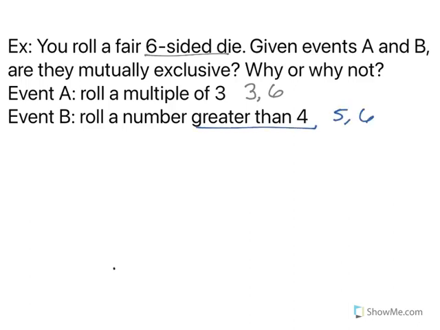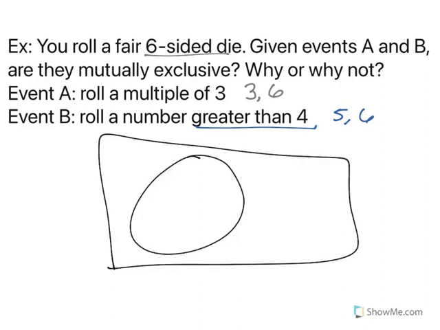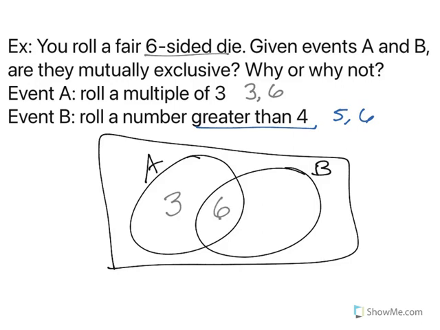If I put this in a Venn diagram, where this is event A, this is event B, and say, okay, I have a 6-sided die, so I have 6 options. I know that a multiple of 3 is 3 or 6, and a number greater than 4 is 5 or 6. You'll notice that 6 is in our shared space because they both have a 6.